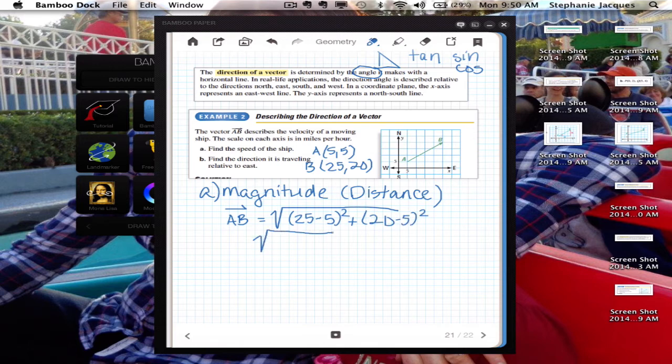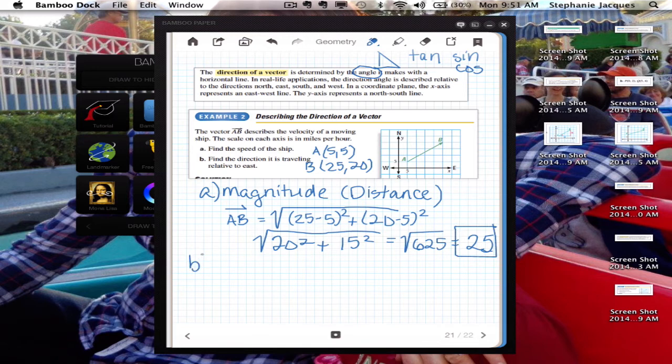And that would give me 20 squared plus 15 squared. And that's going to give me the square root of 625 when I simplify it. And when I further simplify it by doing the square root, it'll give me a magnitude of 25. And it's miles per hour. So 25 miles per hour.